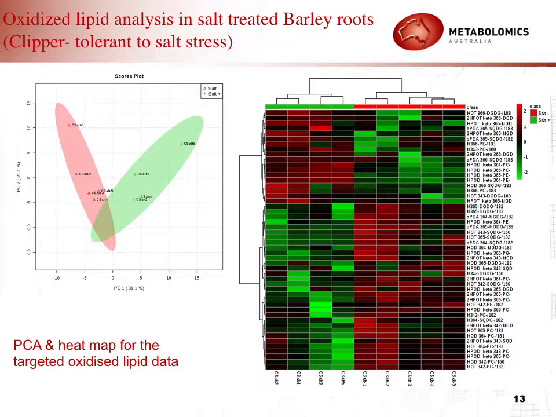So the heat map clearly shows a trend, a separation of two groups, salt treated and untreated roots. But most of the oxidized lipids change, and we are currently investigating the exact pathway to identify the defense mechanism.